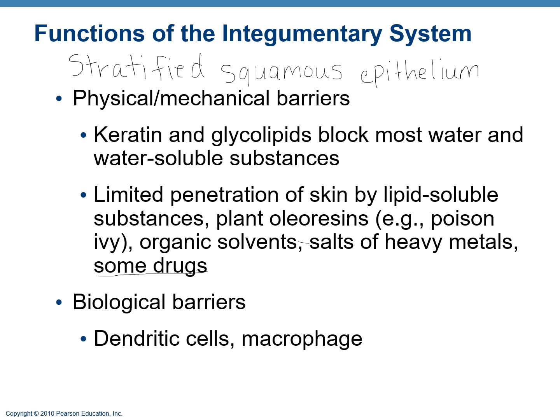Dendritic cells are immune cells that originate in our bone marrow, and they will actually migrate to the epidermis and epithelia of, for example, our oral cavity, and they will alert the immune system to the presence of toxins and microbes. And then macrophages are derived from white blood cells.